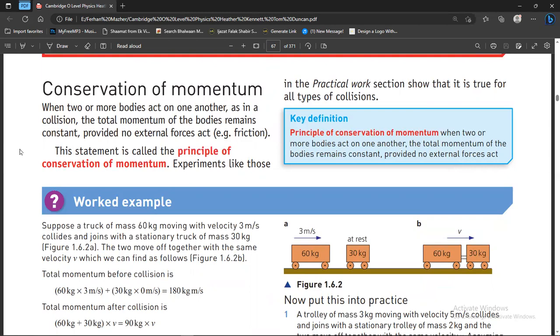Experiments like those in the practical work which we just read show that it is true for all types of collisions. So here the key definition is the principle of conservation of momentum: when two or more bodies act on one another, the total momentum of the bodies remains constant, provided no external forces act.